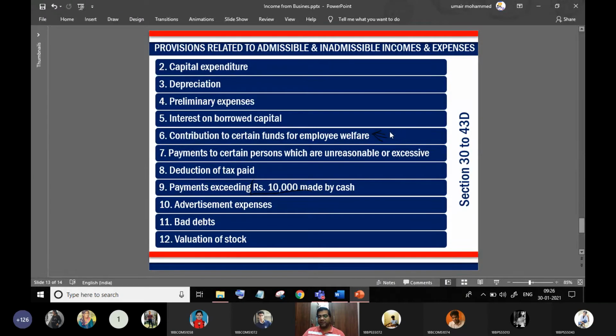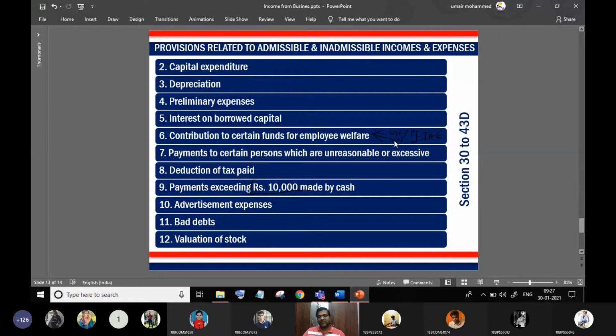So what are those items which are inadmissible? Unrecognized provident fund. Then you also have staff welfare fund. So these are the two inadmissible items. And I also mentioned that staff welfare expense is allowed, but staff welfare fund is not allowed.